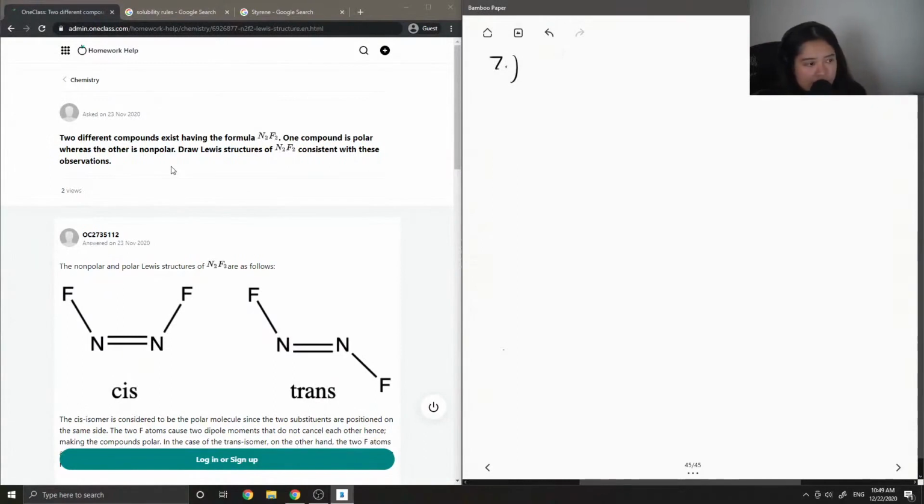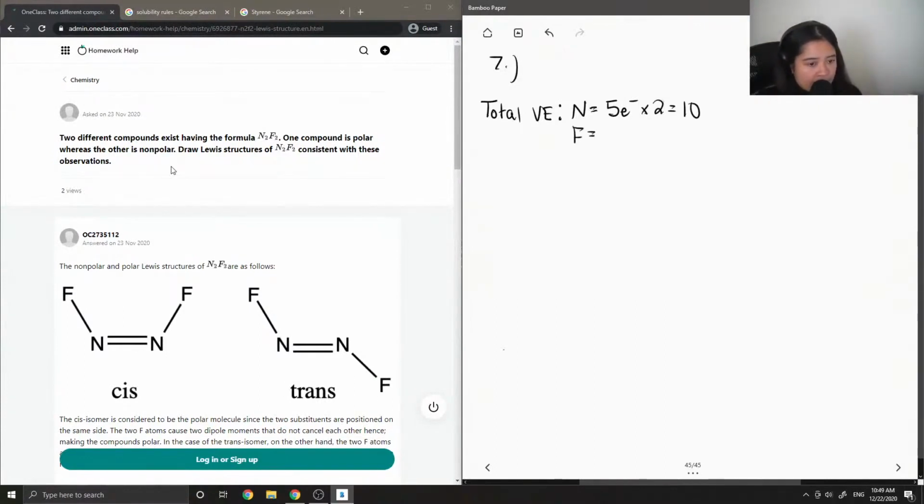Okay, so when you write Lewis structures, I like to first try to find the total valence electrons of the compound. So in the case of N2F2, we have nitrogen, which has 5 valence electrons, and since there are 2 nitrogen atoms, we multiply this by 2 and get 10.